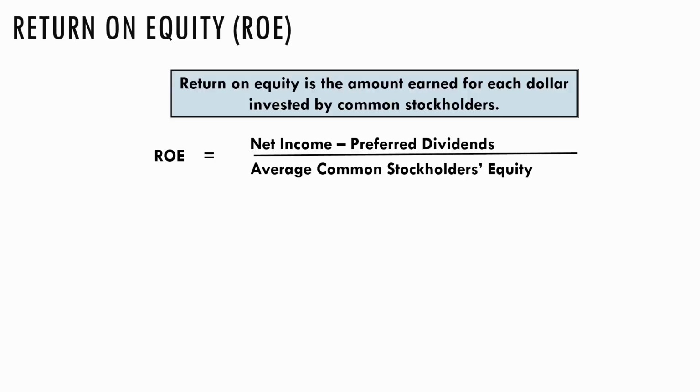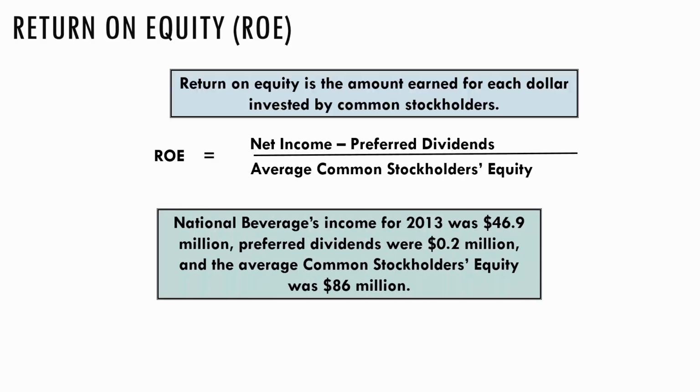And this is the common stockholders' equity accounts. So National Beverage income was $46.9 million, preferred of $0.2 million, and average common stockholders' equity was $86 million. You put that number on the bottom. The return on equity was 54.3%. I think this is marvelous.